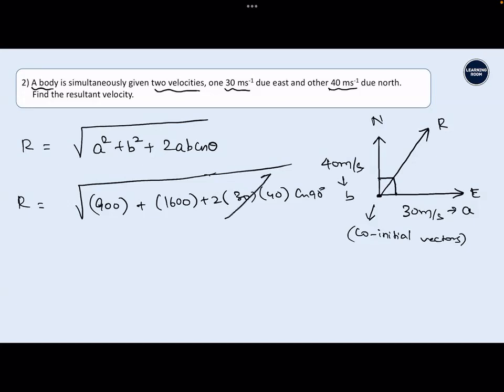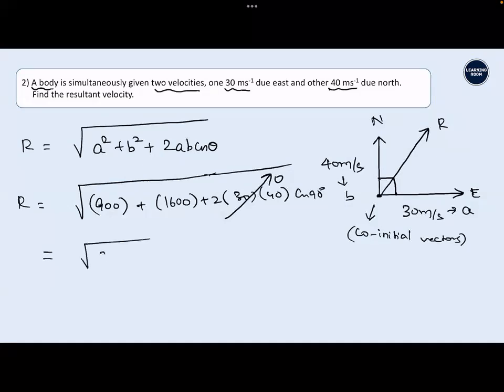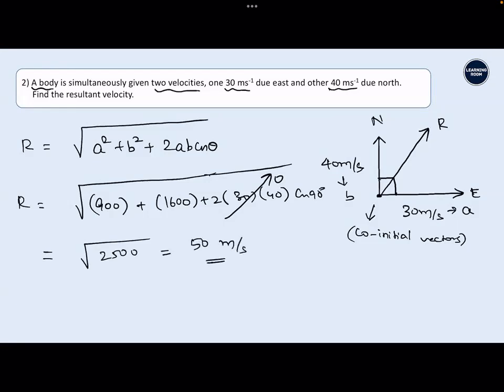Cos 90 makes this whole term 0. So you have the root of 900 plus 1600, which is the root of 2500, which is 50 meters per second. So the resultant of these two velocities is 50 meters per second.